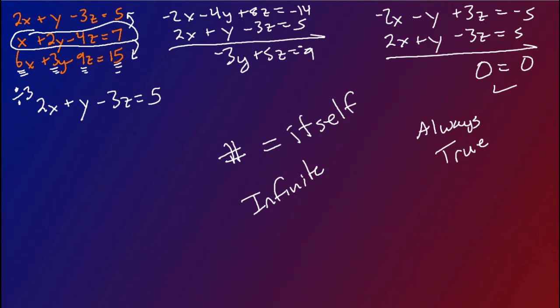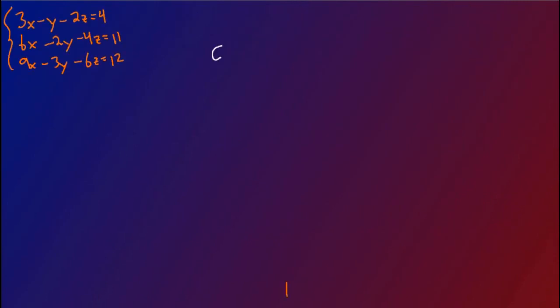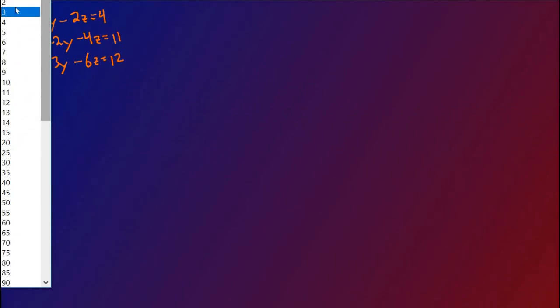So the next one, of course, is going to be the opposite of that. We aren't going to have infinite answers. We're actually going to have no answers for this one. So let's just take a look at what that's going to look like. So we're going to start this process again. We'll start our pairing off, and I'm going to probably go with this one.